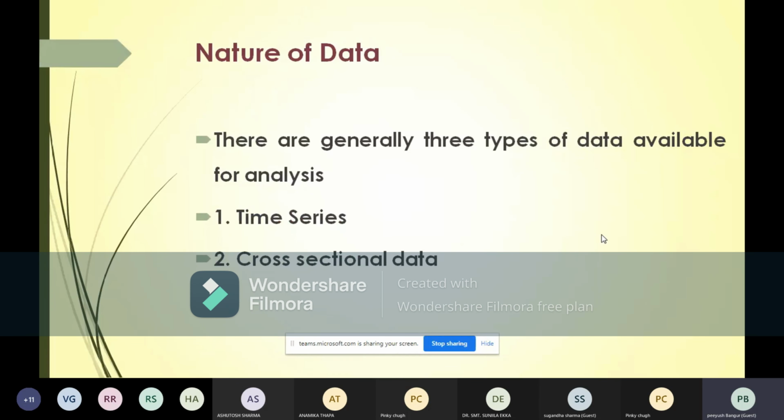And number three is pooled or panel data. Panel data is a very new concept. You can manage a big number of series with panel data. While in time series you can manage hardly 2, 3, 4, 5 or 6 series, in panel data you can manage up to 30, 40, 50 series, while in cross-sectional data you can manage hardly 10 to 15 series.